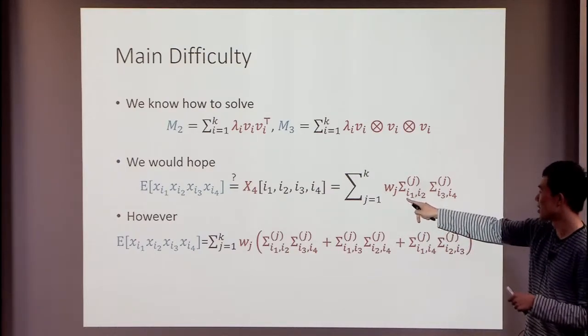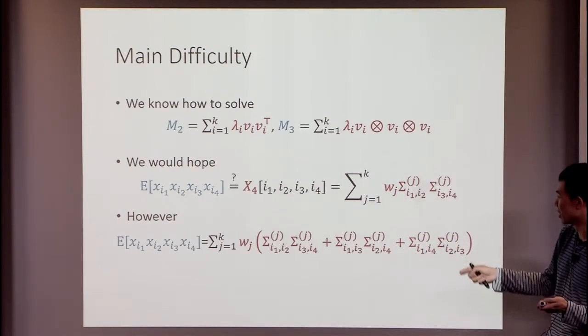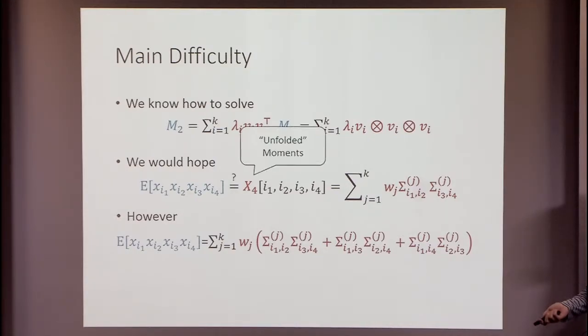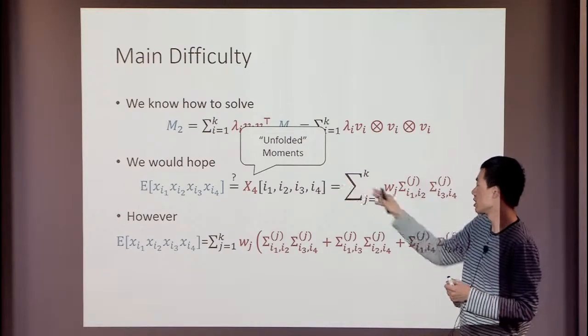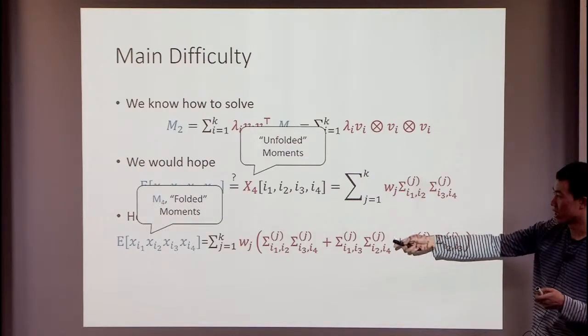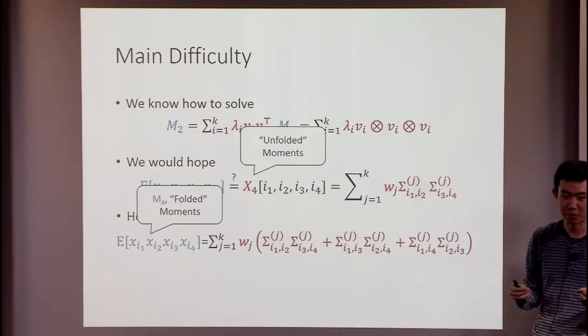So instead of just this one number, we now have two extra terms, and it's not the same as that one. Later in the talk, I will call these the unfolded moments. And this one, M4, will be called the folded moment because it has more symmetry.